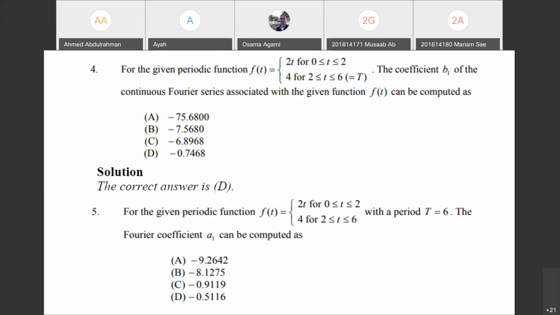So you are going to integrate 2t from 0 to 2, and your 4 from 2 to 6. And outside you have what? You have 2 over the total period, which is 6. And he mentioned C. Yes, it is correct.